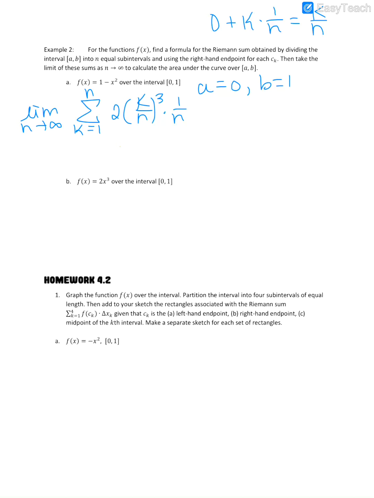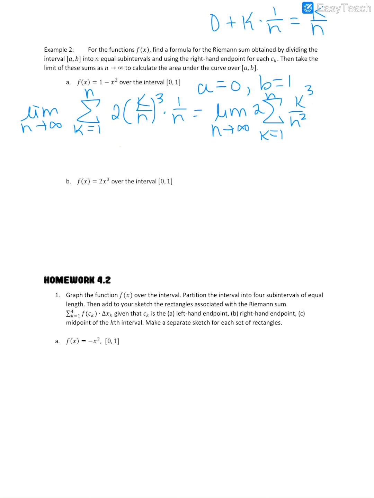All right, we do want to take one step to simplify this a little bit for ourselves. So this would be k equals 1 to n. I'm going to bring the 2 out because it doesn't need to be in there. So this gives me k cubed over n squared. Actually, I can bring the n squared out as well. I'll do that in another step so that you can see it.